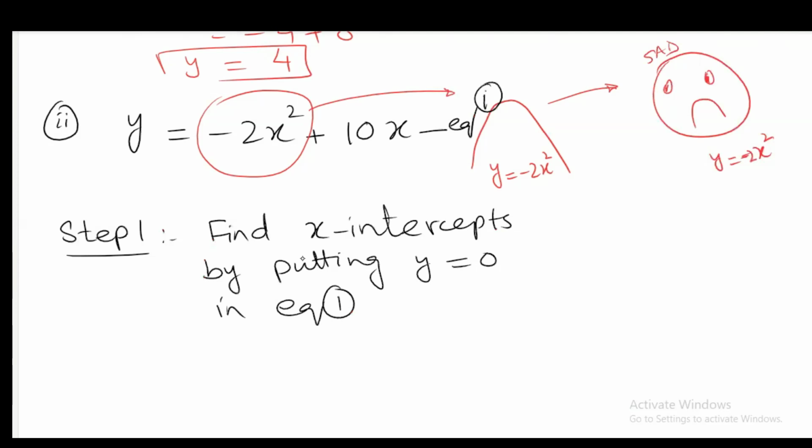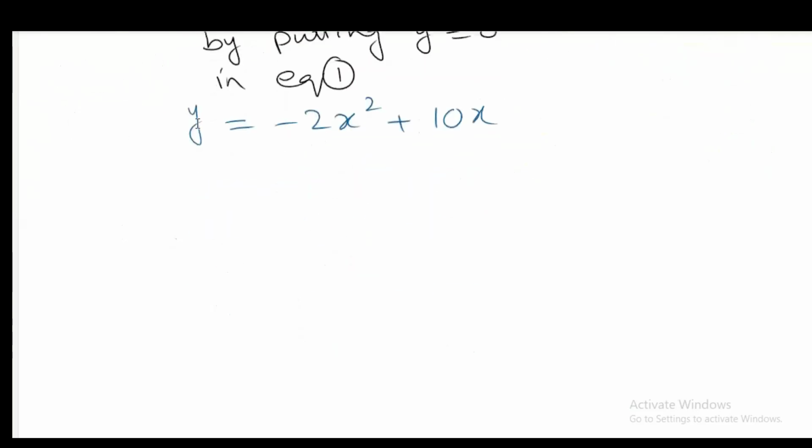So copying this original equation, y equals minus 2x squared plus 10x, and replacing y with 0. You can solve this type of quadratic equation by taking common factors.